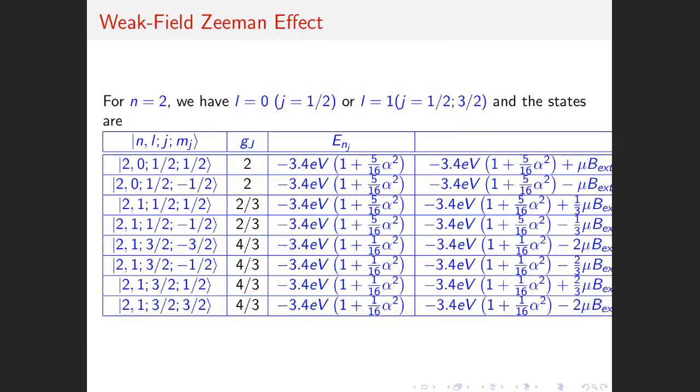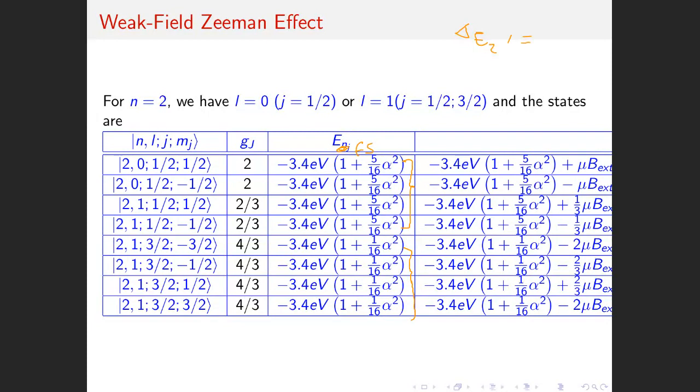Let me just look at the table because I didn't work them out. So what I was saying is that you will have these 4 states which will have these energies, then the remaining energies. This is not E_nj, this is just the fine structure. And then for the total energy, you still have to find the part coming from the Zeeman effect.